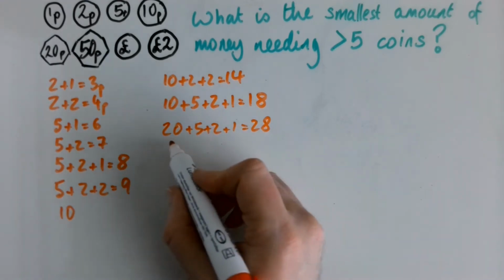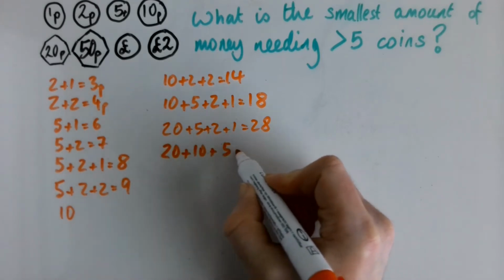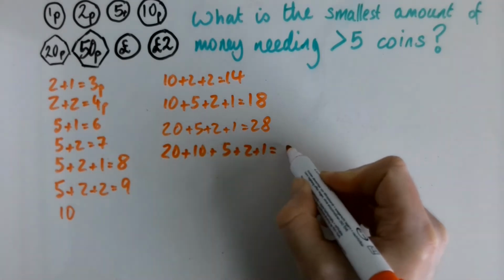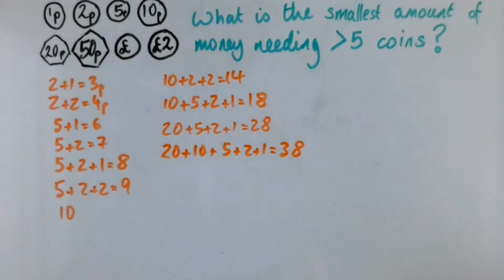What about 38 though? Because there's no 30p coin. Well, you're going to have to add in 1 more coin to get your 30, but then it's still just 3 more to get your 8. So we need a number of 10s that's going to take 3 coins.